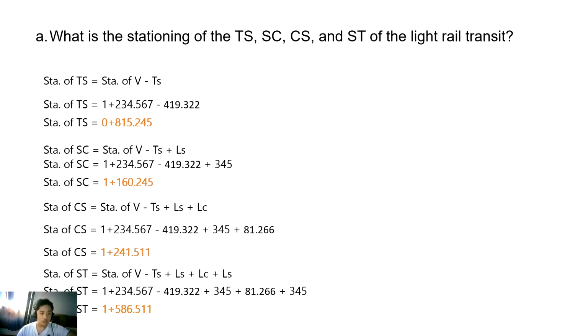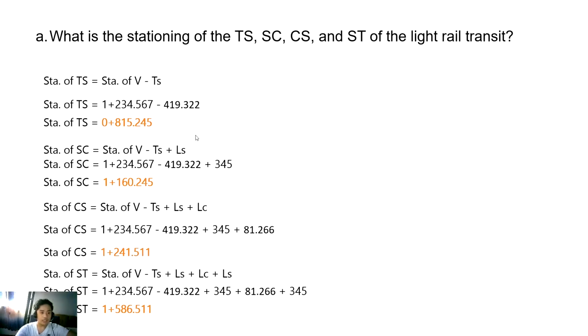Para naman sa station of CS, station of B minus TS plus LS plus LC. Station of B, meron na tayo niyan, which is 1,234.567 minus TS, 419.322 plus LS, which is 345 plus LC, which is 81.166. And we'll get the station of CS, 1 plus 241.511. As you can see, may pattern siya.